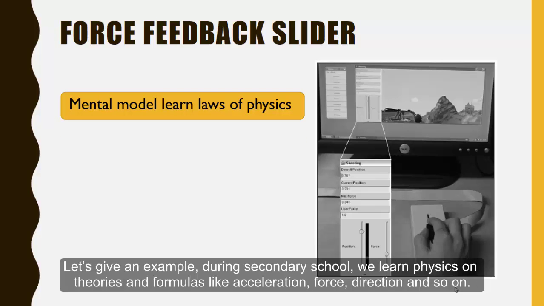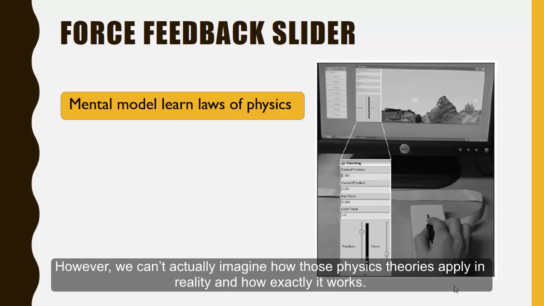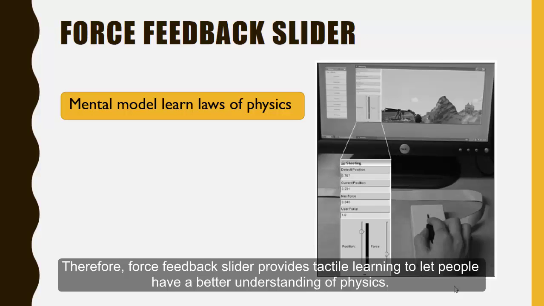During secondary school, we learn physics theories and formulas like acceleration, force, direction, and so on. However, we can't actually imagine how those physics theories apply in reality and how exactly they work. Therefore, the force feedback slider provides tactile learning to let people have a better understanding of physics.